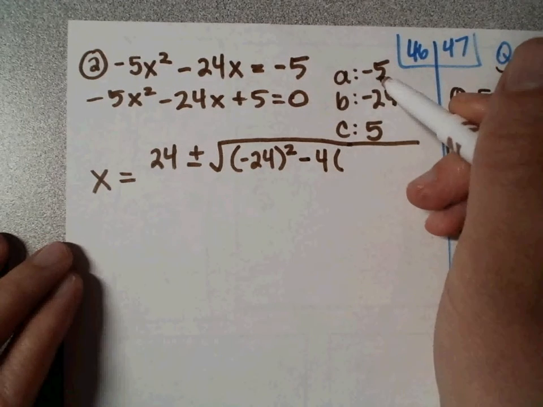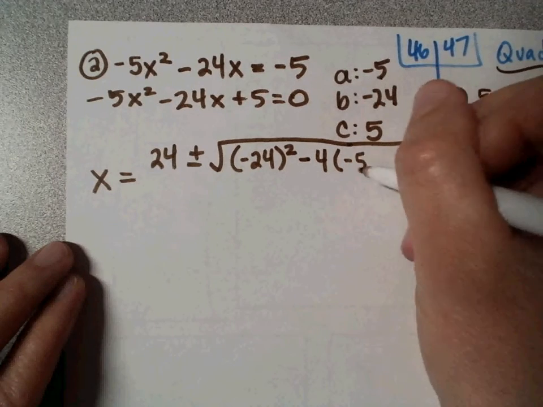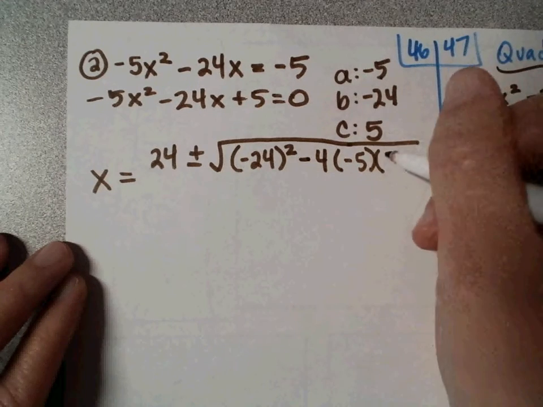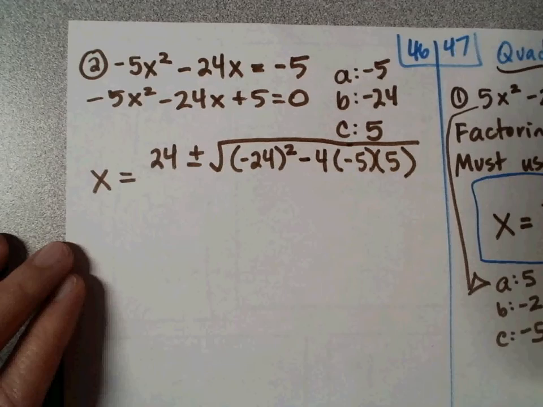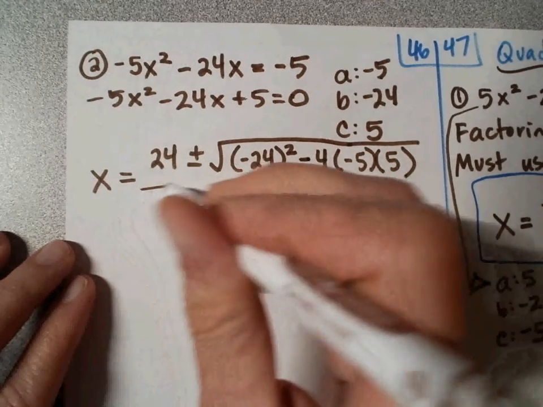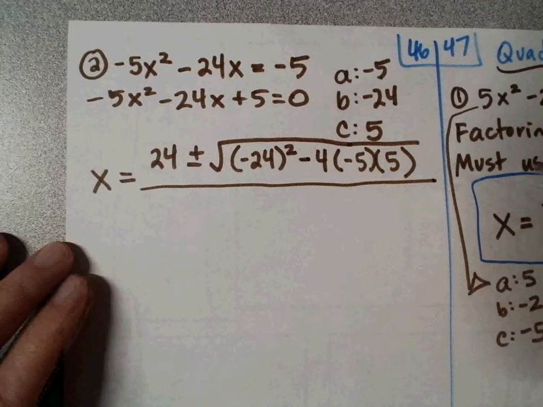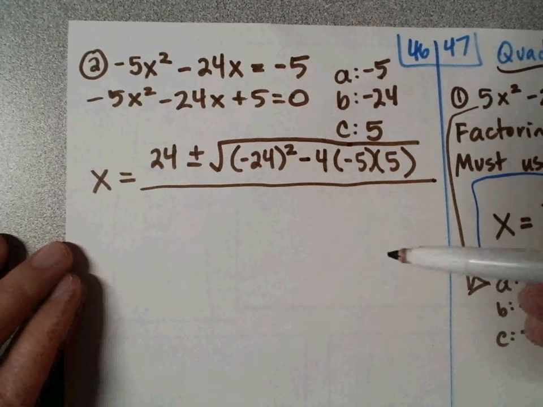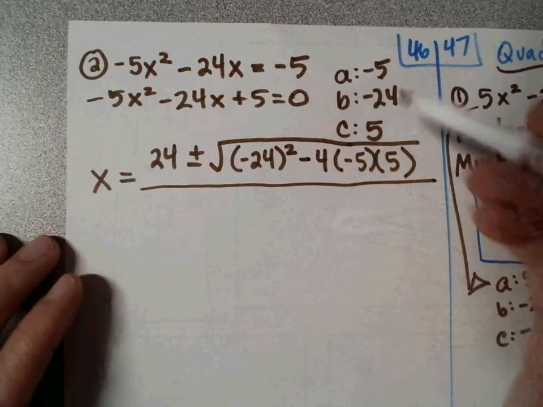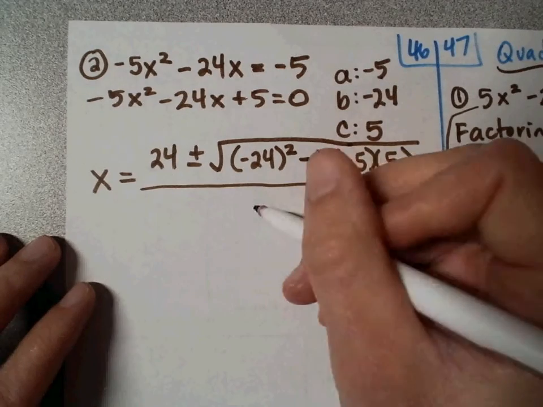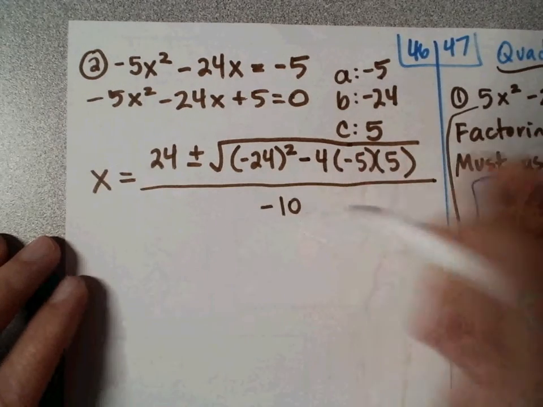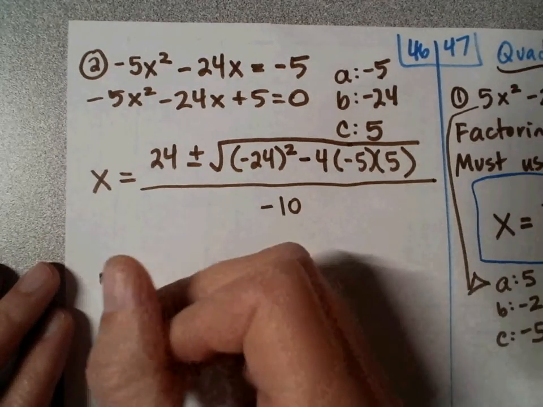A is -5 and times C, which is 5. All divided by 2A. So either do that in your head or off to the side. What's 2 times -5? -10. Okay, good.